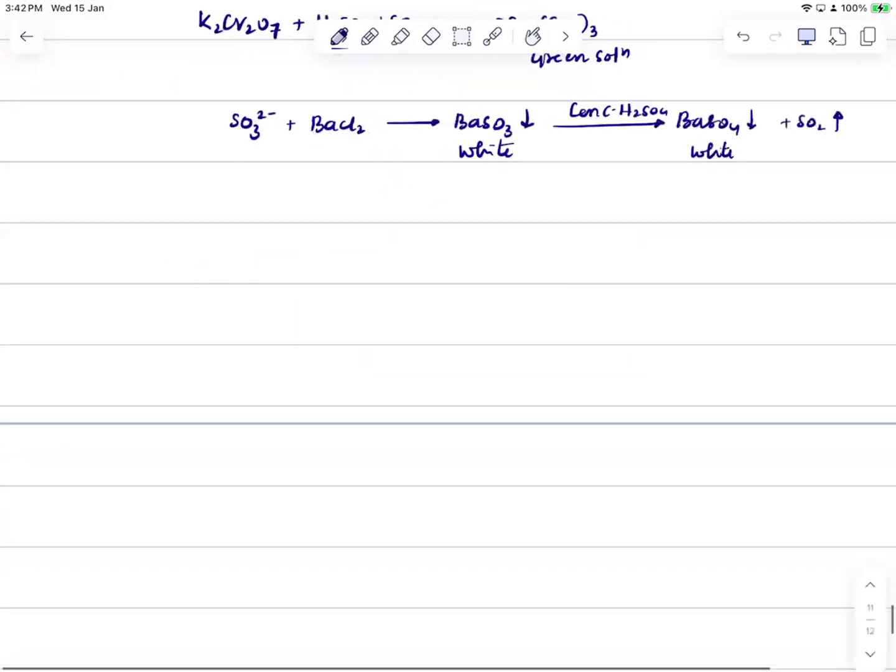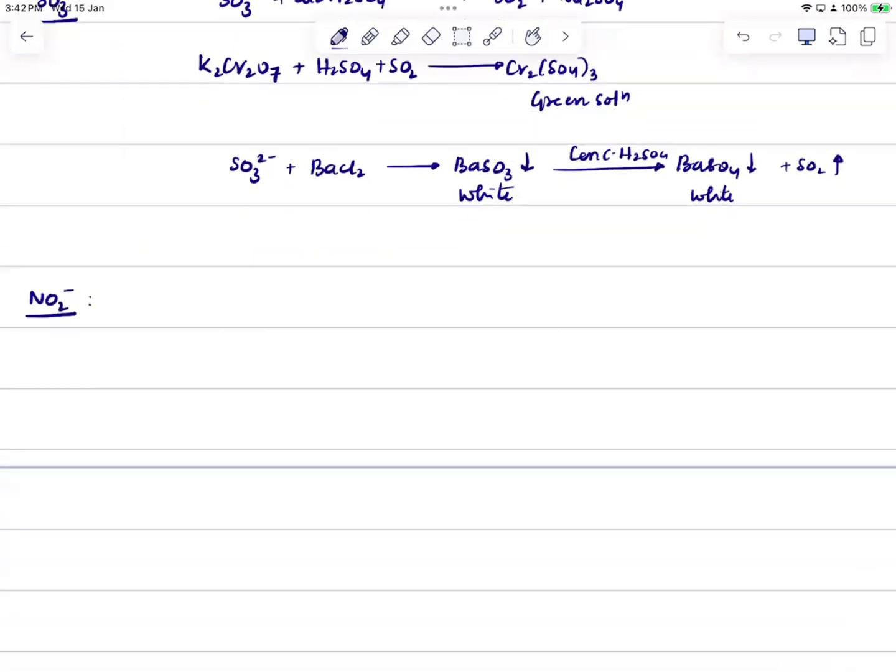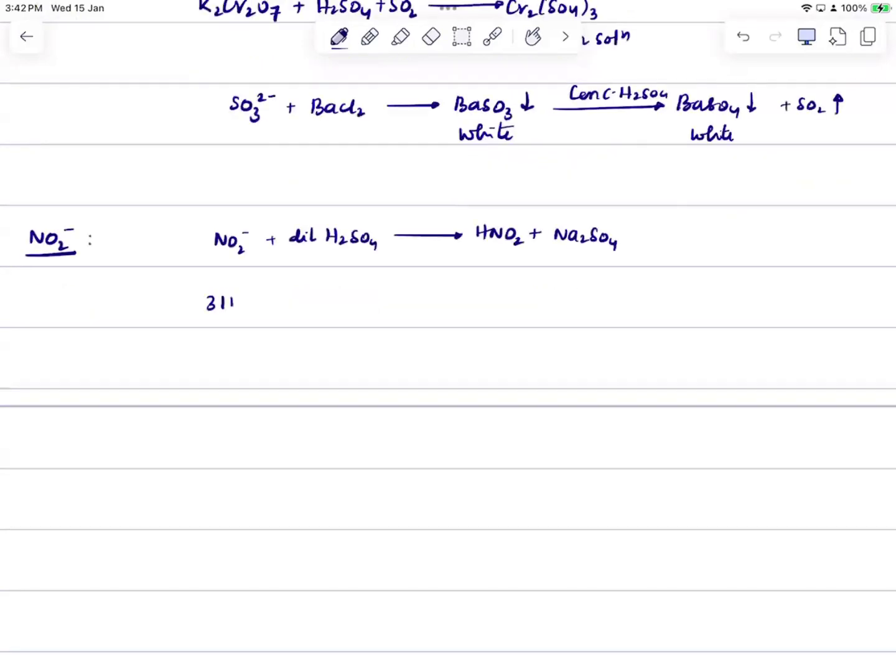Okay. Next, NO2-. NO2- also, if you add it with dilute H2SO4, first it will become HNO2 vapors with Na2SO4. This HNO2 is in fact an unstable form.